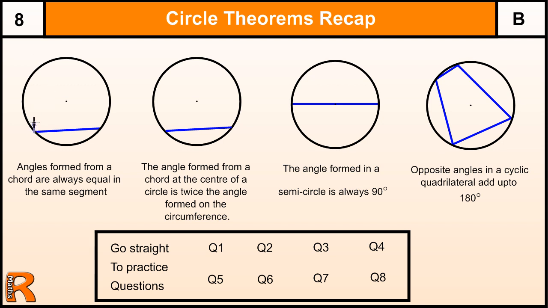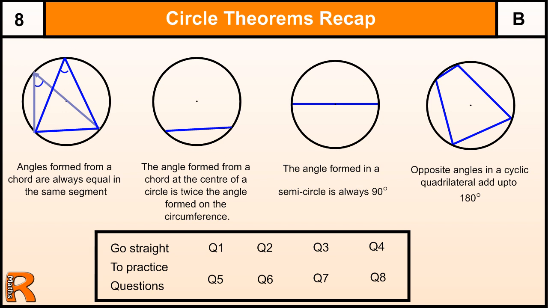So if I create an angle from this chord, that angle there formed from that chord is the same wherever you draw it. So if I draw another angle over here from the same chord, coming up from that same line going across the circle, which is a chord, it is the same as that angle.